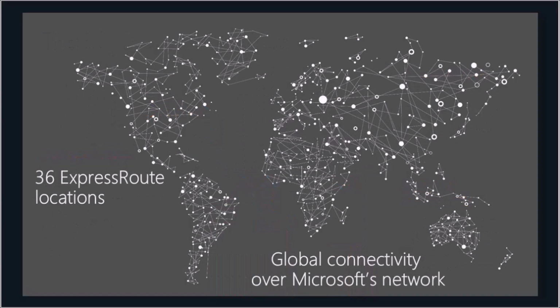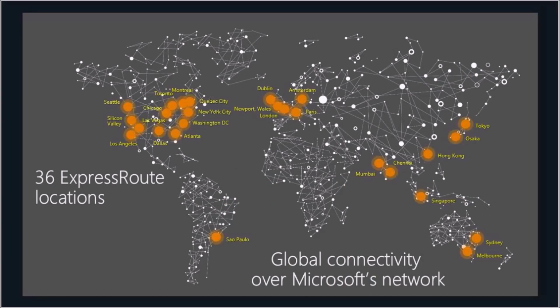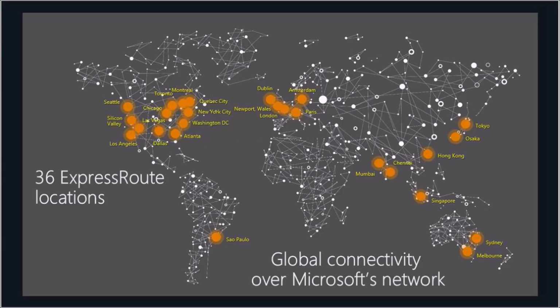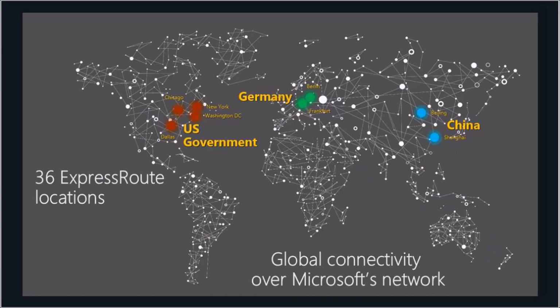But just as a reminder, you can hop on our network in any of those 36 ExpressRoute locations, and some other locations as well for what we call our national clouds. We have our commercial cloud, so that's all over the world, and there are our national clouds like U.S. Government, Germany, and China.